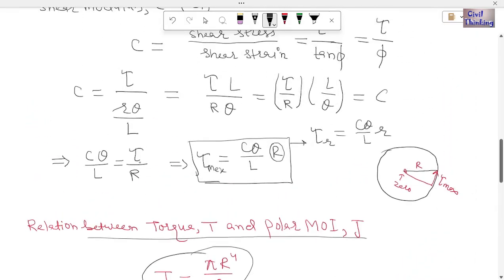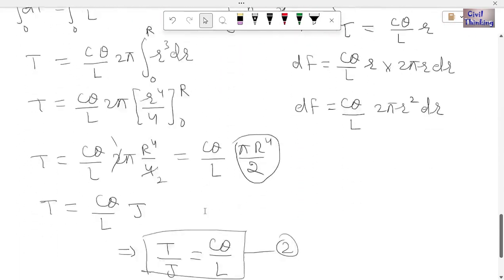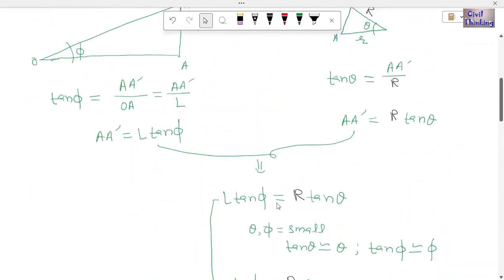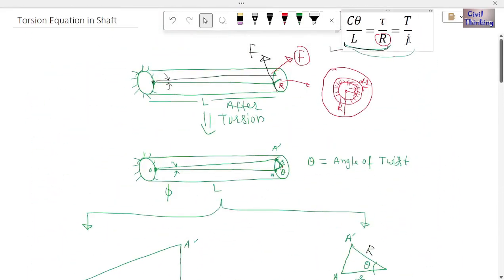This was our first equation, or even this, it doesn't matter. So what we got is T by J is C theta by L, and since tau by r is C theta by L, and we also get T by J equal to C theta by L, it means all of them are equal.